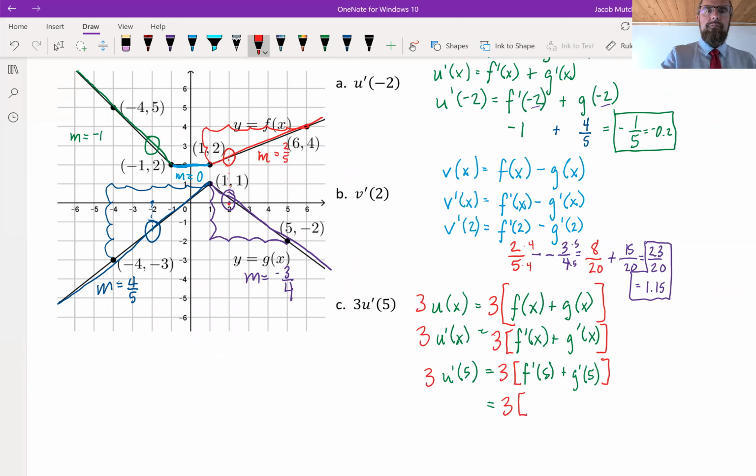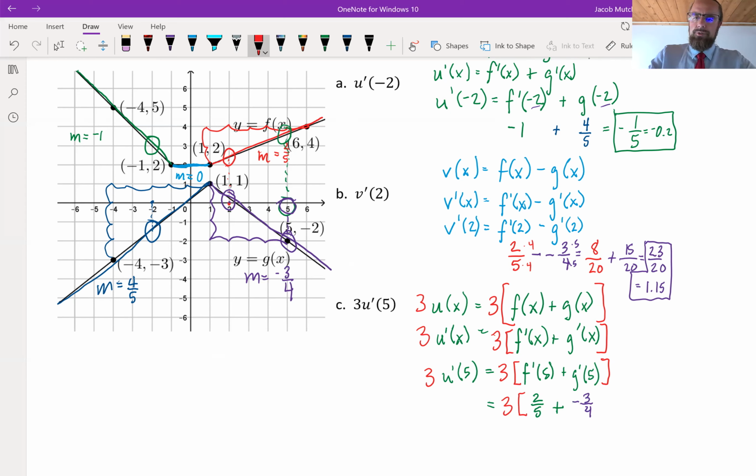If I find 5 on my graph and trace up, that's that same slope of 2/5 that we just used in part B. I am adding instead of subtracting. And then we'll find that the same part of g of x is highlighted here at 5 as well. So if I go to 5 and then trace down, that's still on that part of the graph where the slope is -3/4.